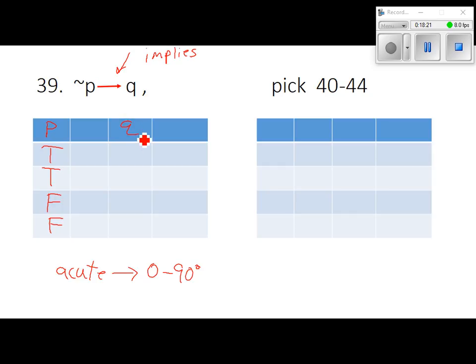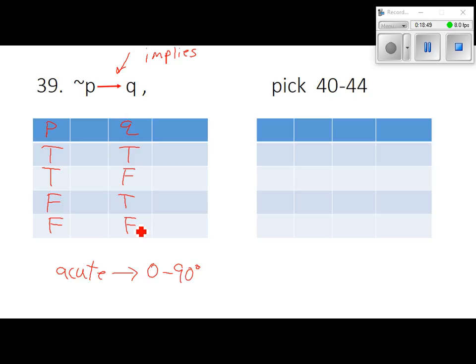Let's jump to this box if we do Q. If P is true, Q could also be what? True. Notice how I led you right into that? Because that's what I want right there. If P is true, what else could Q be? True. So we got a true, true, we got a true, false, now we got a false, true, and a false, false. That way we're matching them up all the different possible ways.